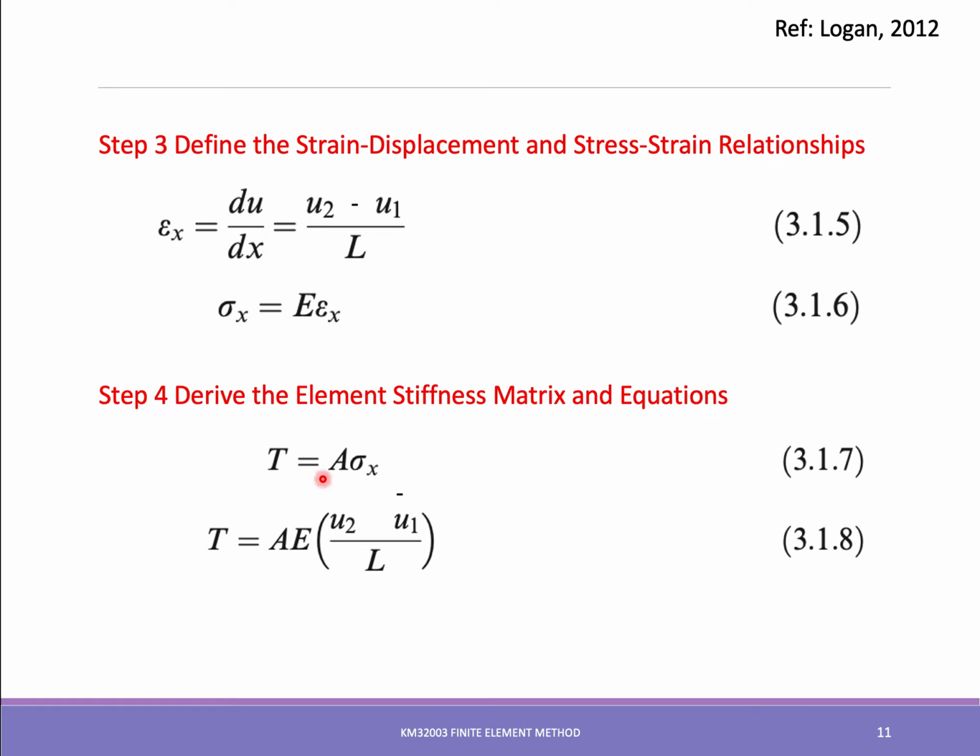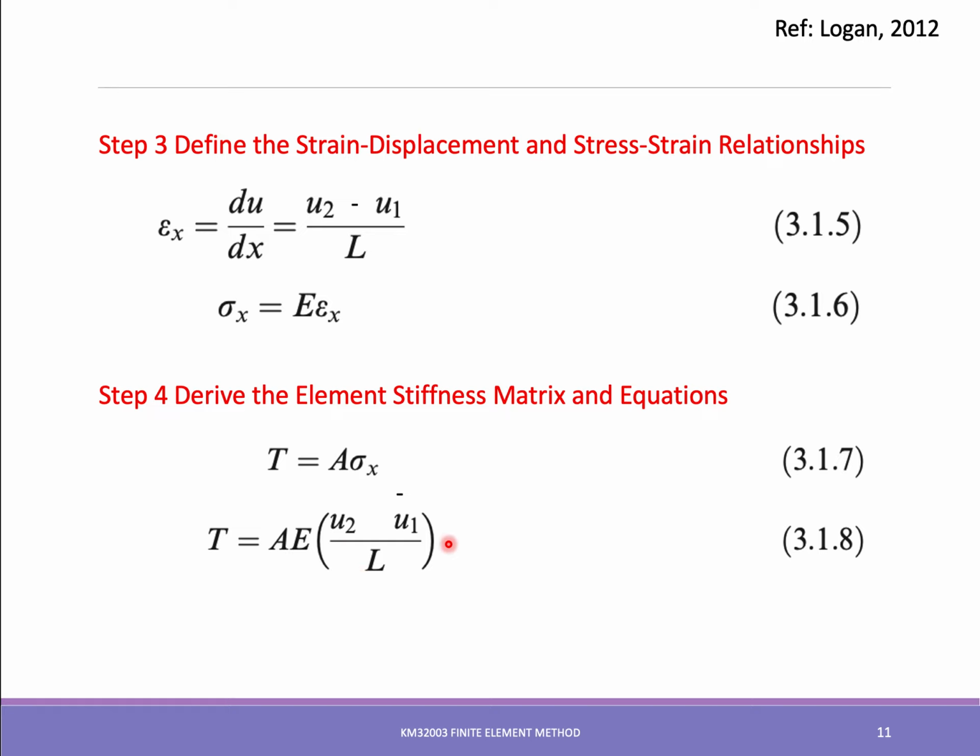When we rearrange, with this minus sign here, T equals A times the stress, and we substitute E epsilon for the stress, where epsilon is basically u2 minus u1 divided by L. Therefore you get T equals AE over L times (u2 minus u1).